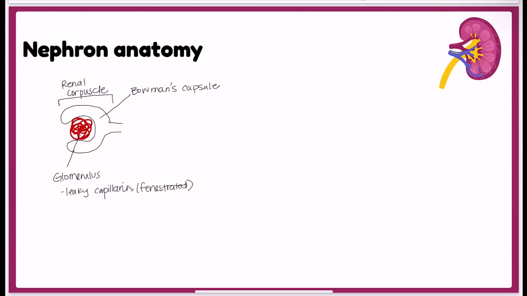How blood gets to those capillaries are this set of blood vessels. So we have an arteriole bringing blood in. That's called the afferent arteriole.